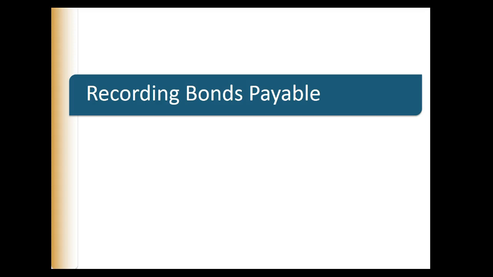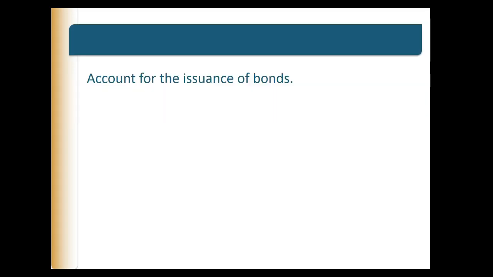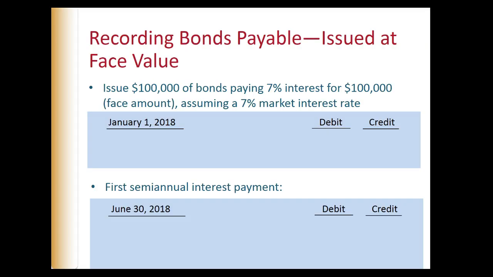Next, we're going to look at recording the issuance of bonds and the related interest. Accounting for the issuance of bonds. To see how to record the issuance of bonds and the related interest, let's go back to our initial example.